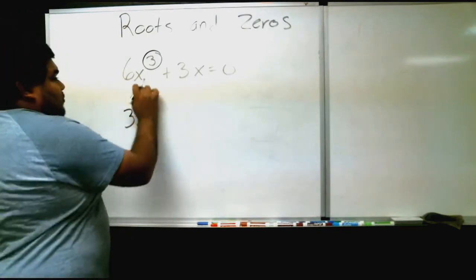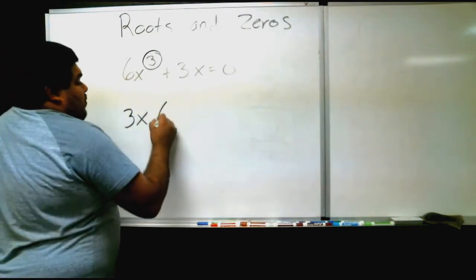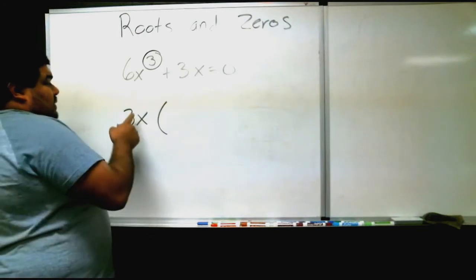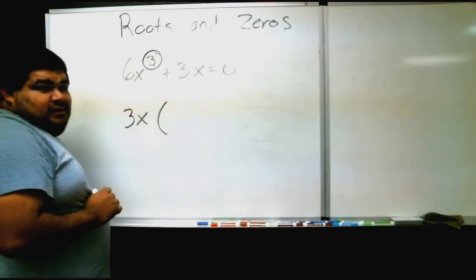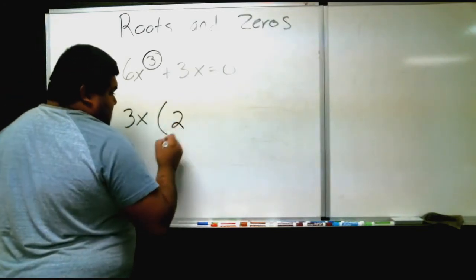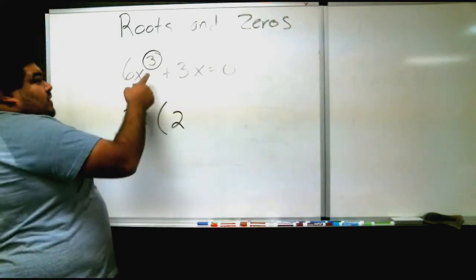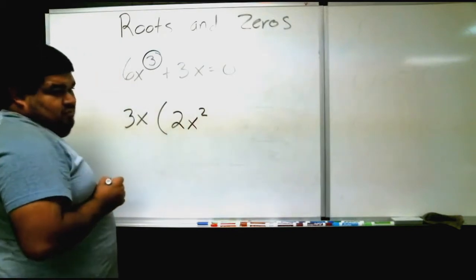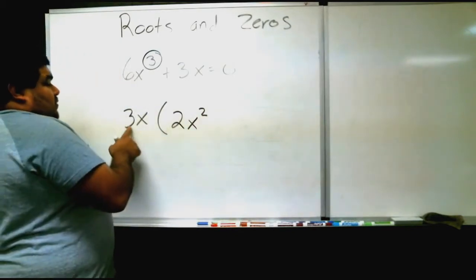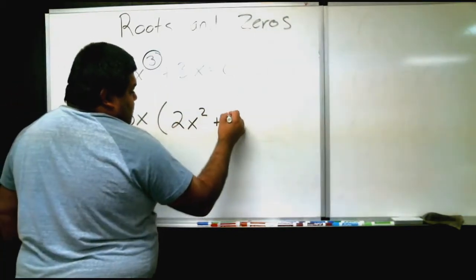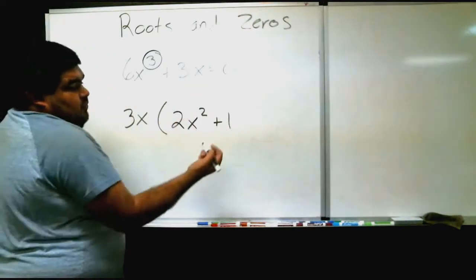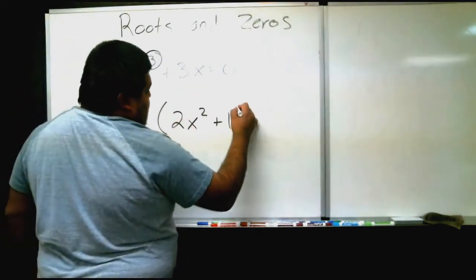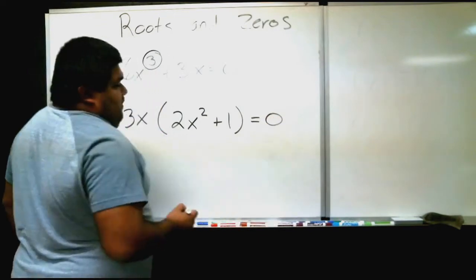We're left with 3 can go into 6 2 times. We took out 1 out of 3 x's. We're left with 2x squared. 3 can go into 3 1 time, x into x 1 time. Technically, it's just 1. Equals 0.